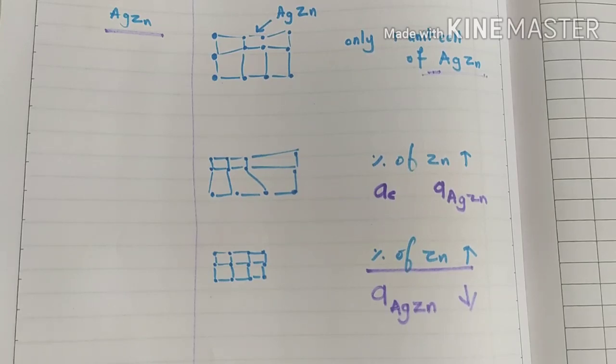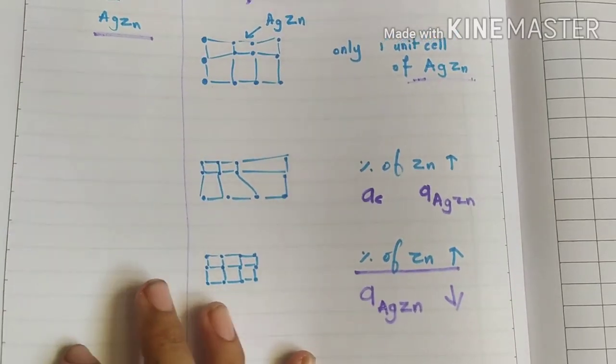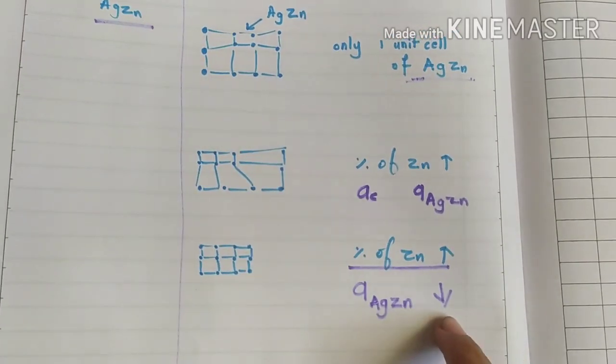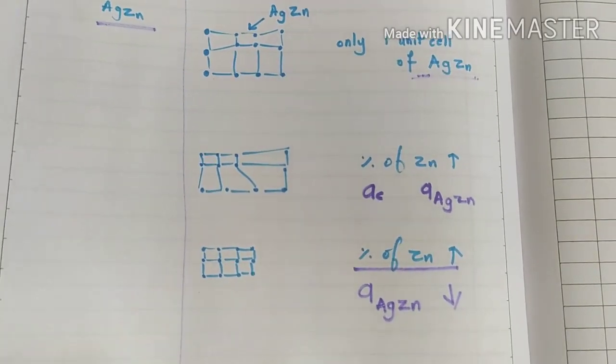Let's consider one more example which is exactly opposite to the Ag-Zn example. In the Ag-Zn example, Zn's lattice constant was smaller than that of Ag. That is, the solute's lattice constant was smaller than the solvent's. We saw a decrease in the total lattice constant of the solution.